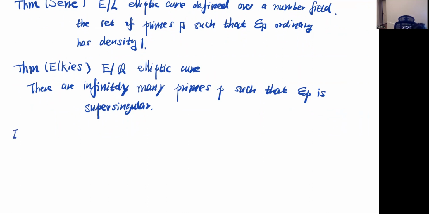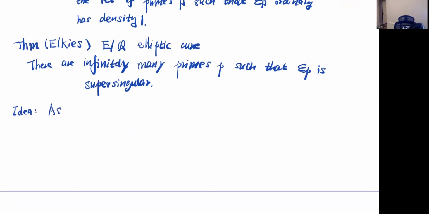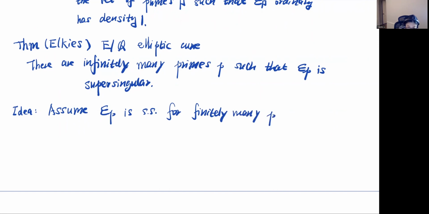So let me first of all say a little bit of the idea. The idea is assume E_p is supersingular for finitely many primes p.